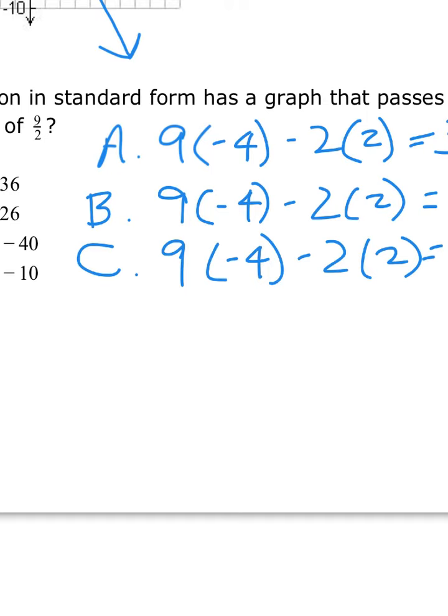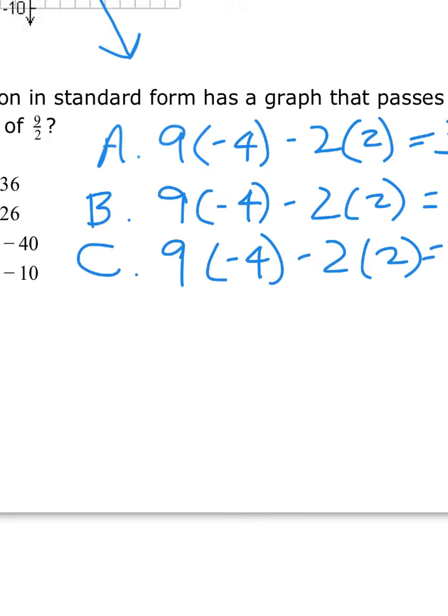You can use your calculator. You don't have to do it in your head. See, that's negative 36 minus 4. I got negative 32. So 9 times negative 4 is what?